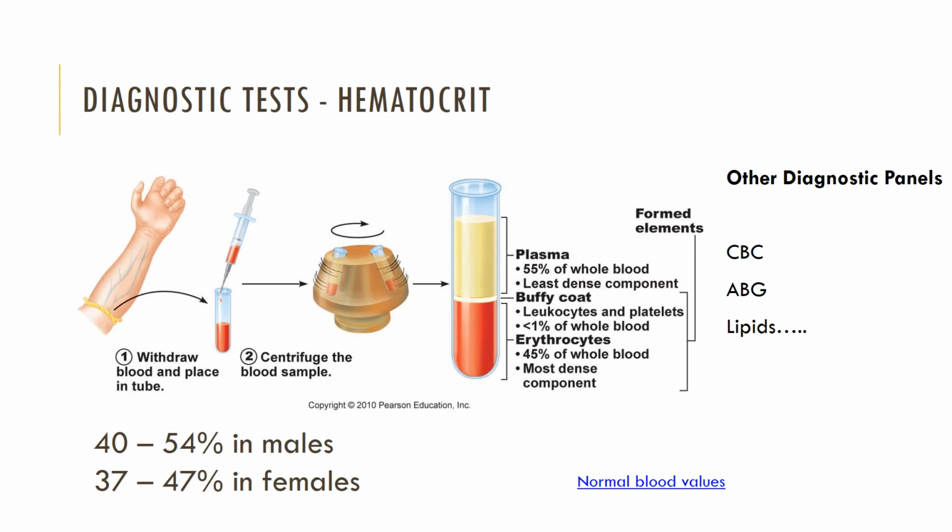A complete blood count, also known as a CBC, gives the kinds and number of cells present in a whole blood sample. Hemoglobin concentration is hemoglobin levels that are reported in grams per deciliter.